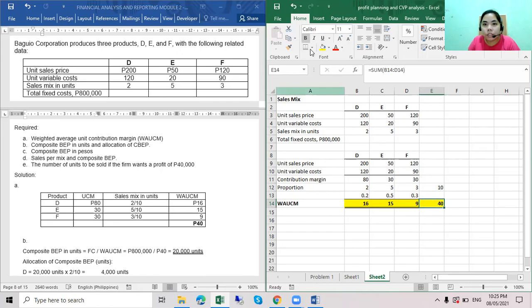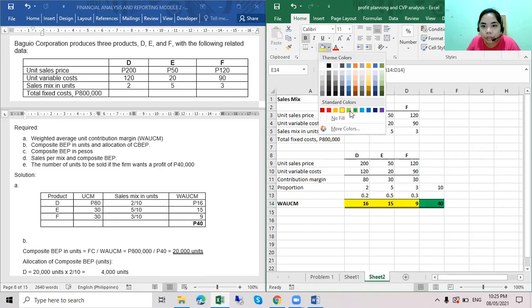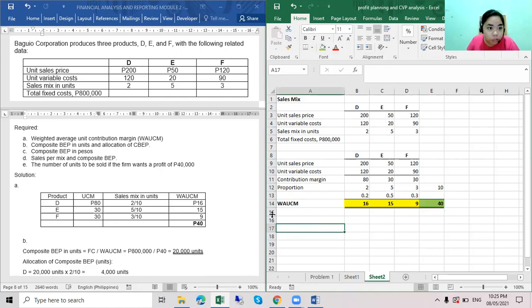Okay, take note of this. Lainan ko color para makita siya. Question niya is composite break-even units and allocation of composite break-even point. So number 2, it's unta danay ang composite break-even points. Composite break-even points is ang kabilugan, no? Ang break-even point using the weighted average unit contribution margin in total. That's why nga total ko ang 40.